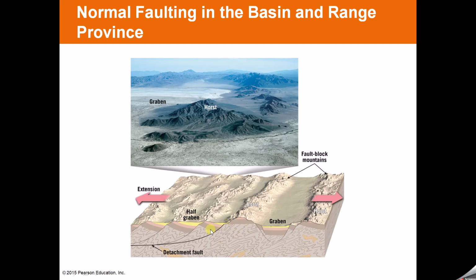Here we have just normal faults from one side. And these normal faults attach to one long fold. This is what we call a detachment fault. Above this detachment fault, we have brittle deformation faults, but under it we have ductile deformation, mostly folded. If you look at these fault block mountains, here we have horsts lifted up and grabens dropped down, this flat one here.